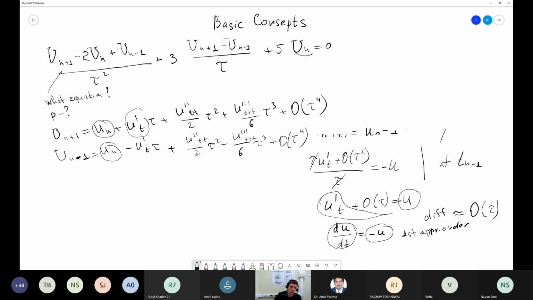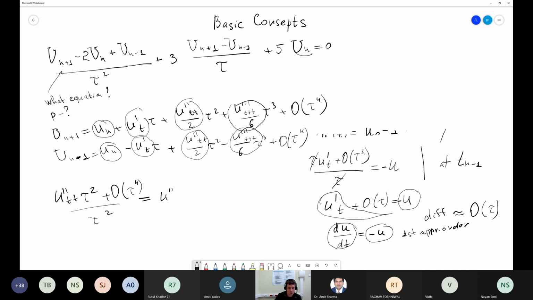This one plus this one, again 0. This one plus this one will give the second derivative: 1/2 plus 1/2, so totally the coefficient equal to 1. If we sum it, we will obtain 0. And here we will have O of tau to the power of 4 divided by tau squared.